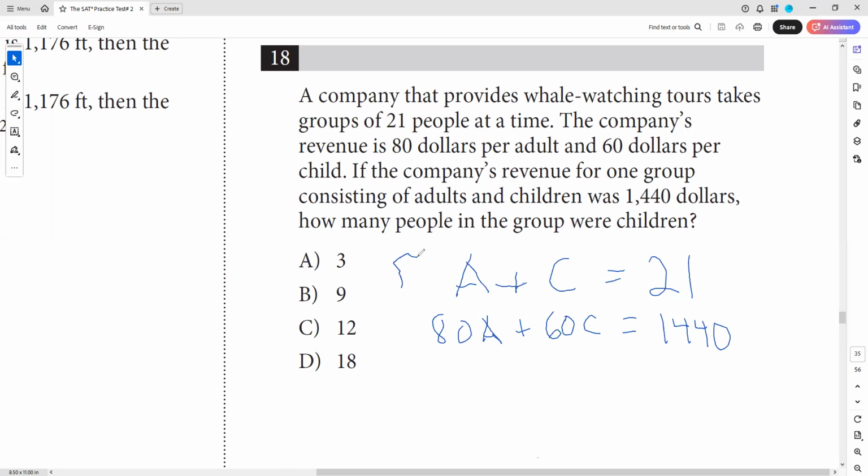So let's say we're going to cancel the C's. So we multiply the top equation by negative 60.